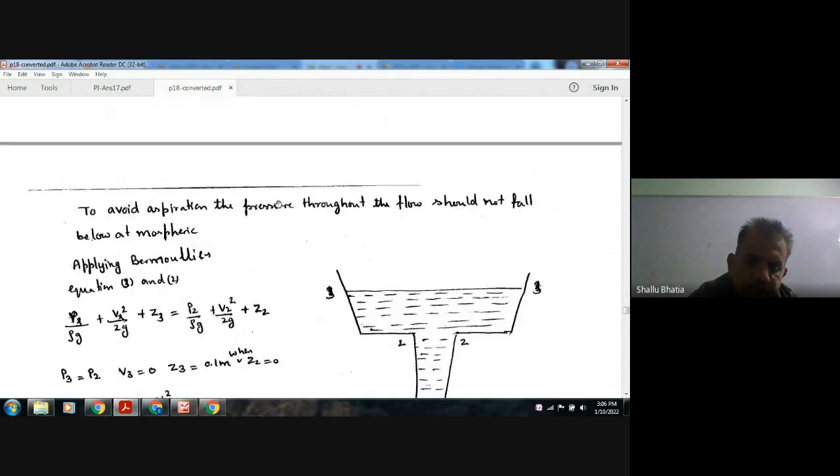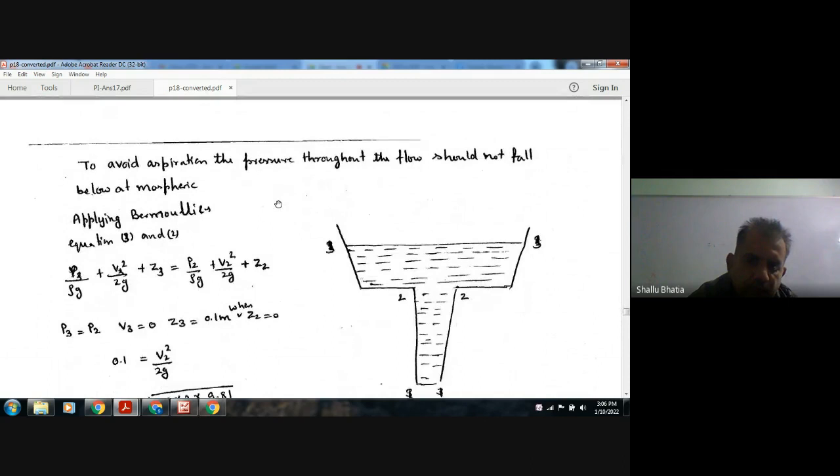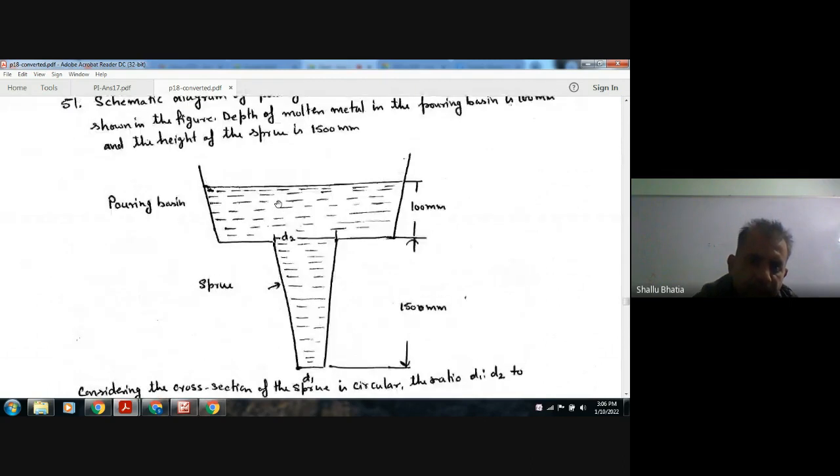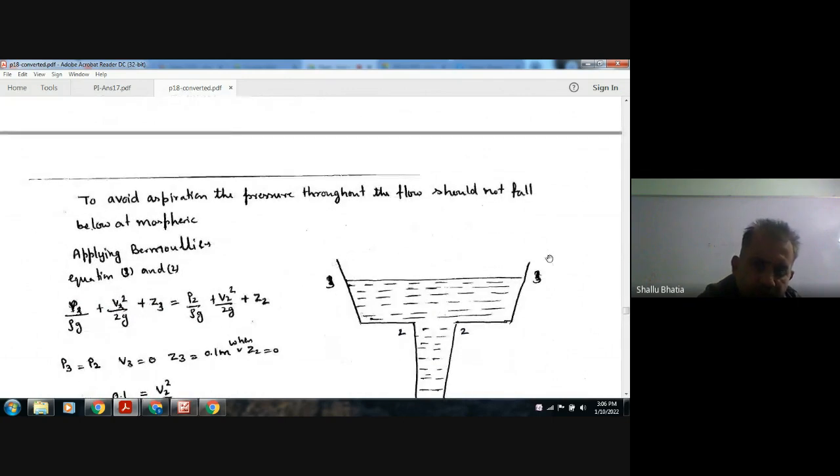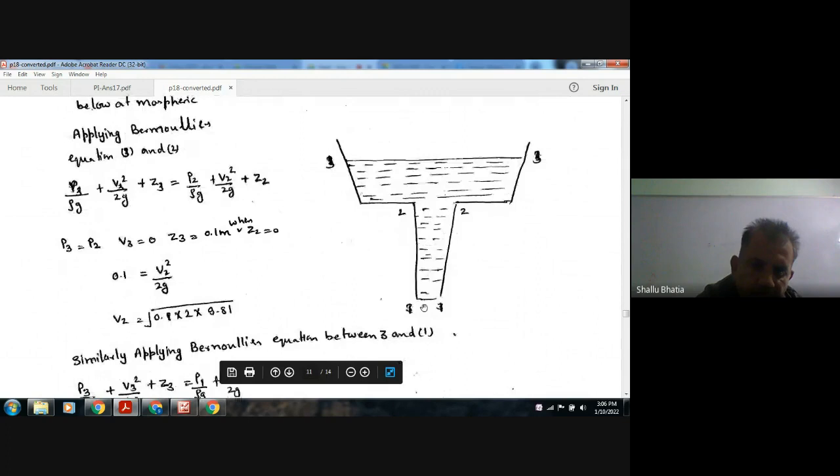Okay, so now we can find out velocity here by using root 2gh and h we will take 100 and we can find out velocity here by taking h equal to 1500 plus 100 that is 1600. Okay, so suppose this is line 2 and this is line 3. Okay, so this is line 1.